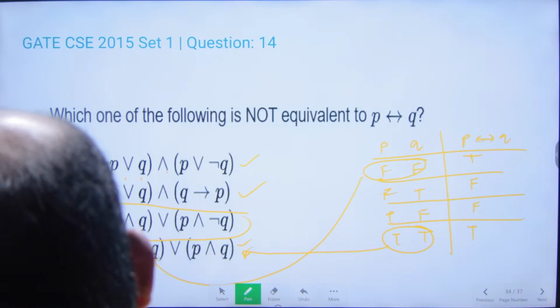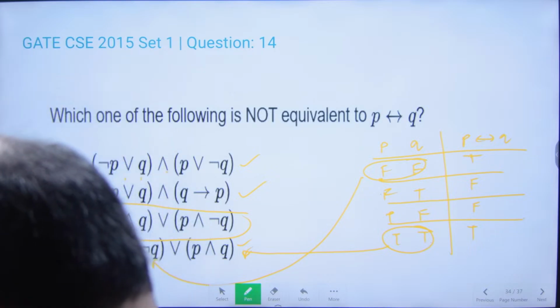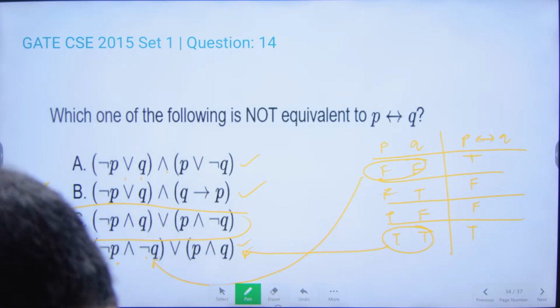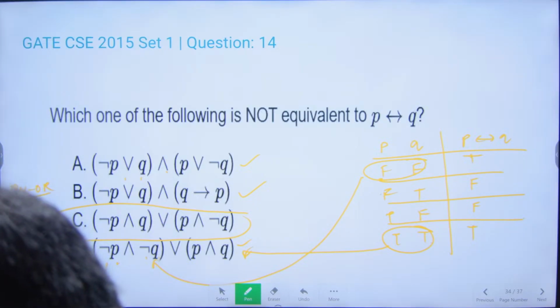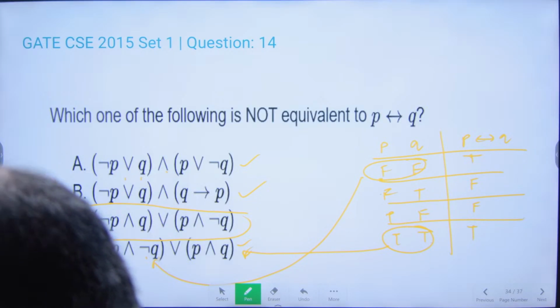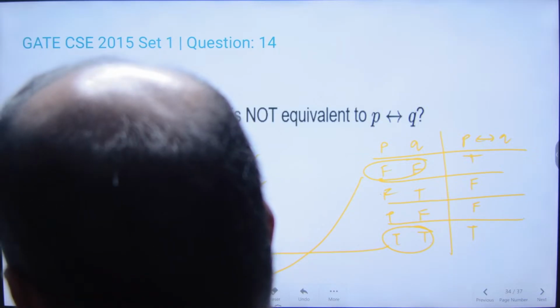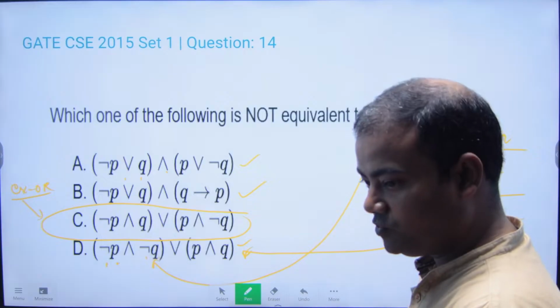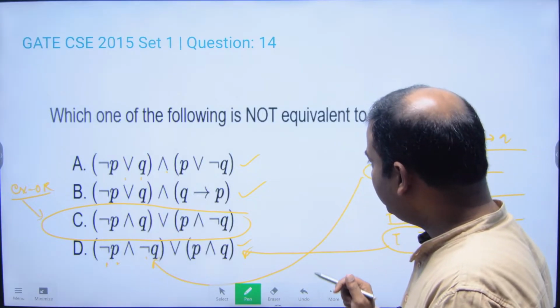Means just you have changed SOP to POS. Then it is okay. Is it clear? So this is different. Means this is just change product of sum to SOP. Okay. Now this is clear.